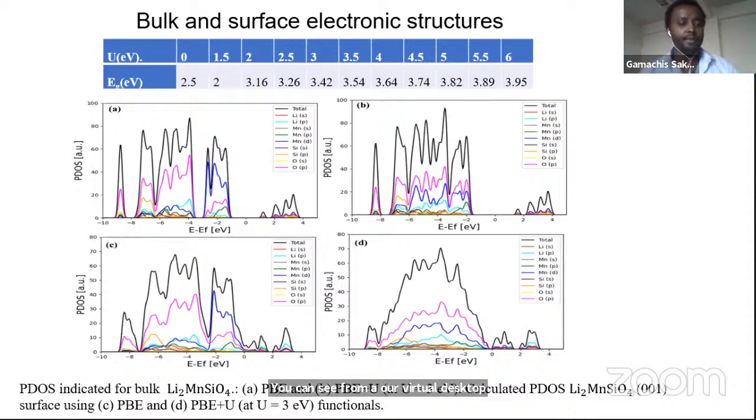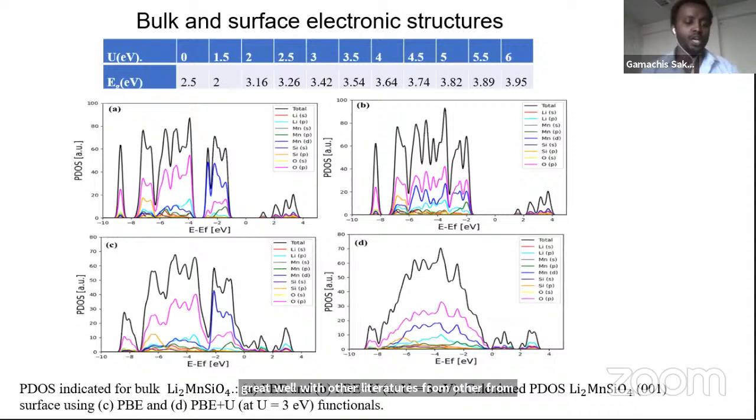At GGA, I mean at DFT, the band gap is underestimated. When you come to B, when we add the U value, the band gap is calculated to be 3.42, which agreed well with other literature from other reporters.